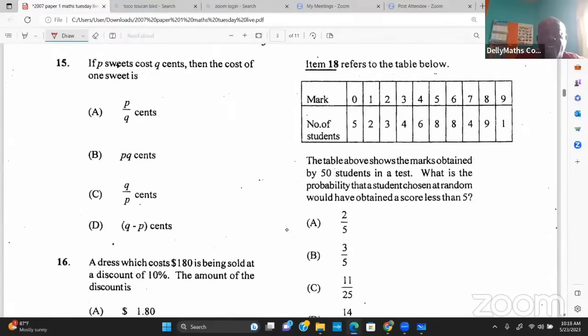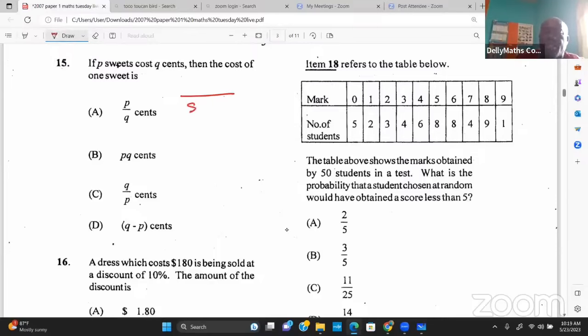All right. Now, if P sweets cost Q cents, right? The cost of 1 sweet. I would advise you to put the cost at the bottom all the time. If you want to know the cost for 1 of anything, put the money part at the bottom. Put the dollar sign at the bottom.